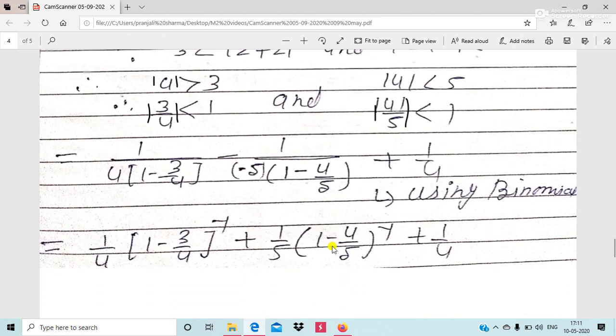So next, using the binomial series, we can expand these two terms. 1 minus x inverse will be 1 plus x plus x square and so on. In place of x, here we use 3 by u, and here we use u by 5.